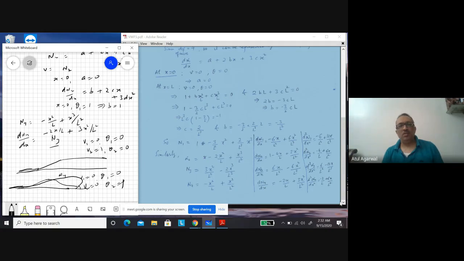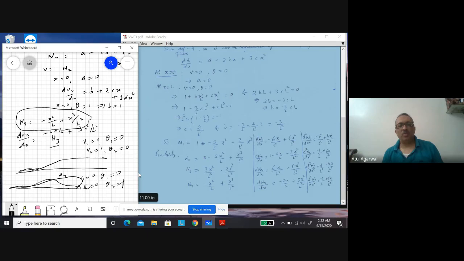And here we put x equal to L, our N4 is 0, so V is 0. What is our V? V is equal to N4, so V will be 0 at x equal to L, but our theta will be 1 at x equal to L. So you see that this function represents shape function 4.